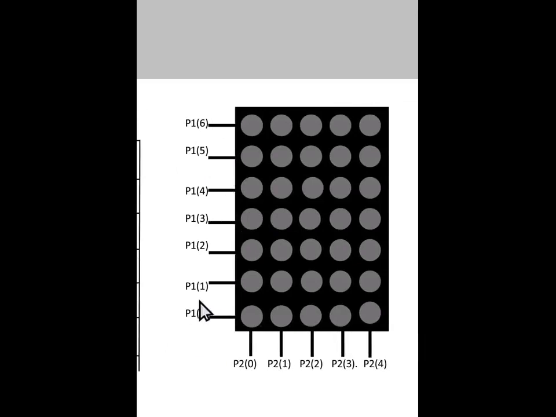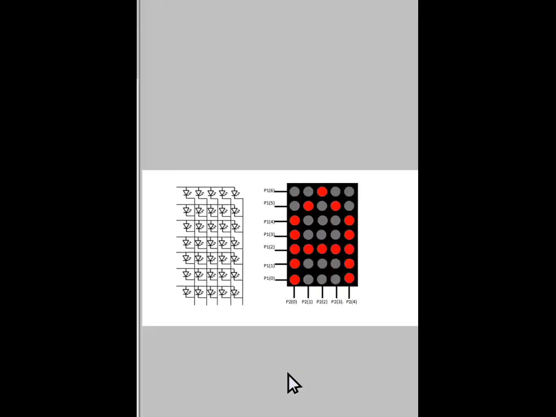And this P1 represents the ports of a microcontroller, because this is going to be controlled by a microcontroller. We have the P1 ports, the P2, the P3, and the P0 ports on the microcontroller. We are making use of the P1 ports and the P2 ports. What you have to do is write a simple program to the microcontroller to control our display.